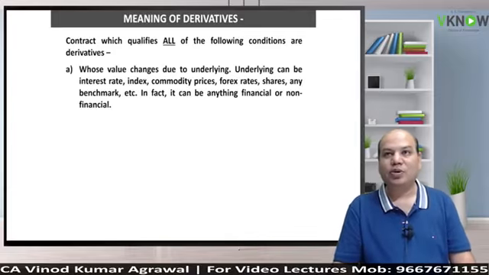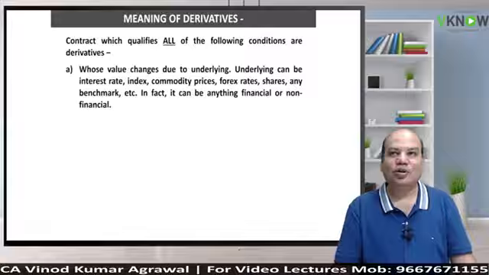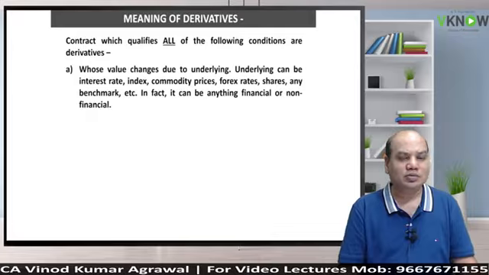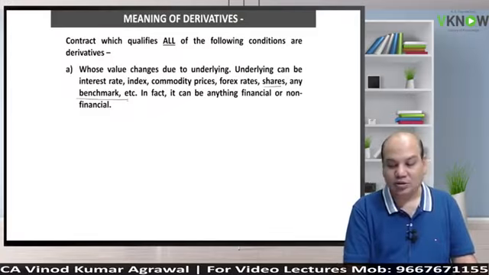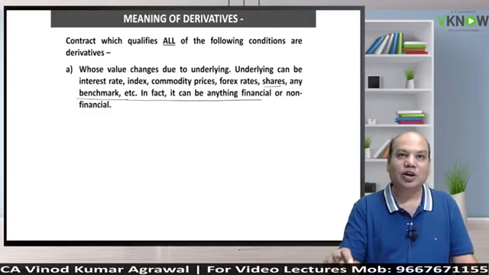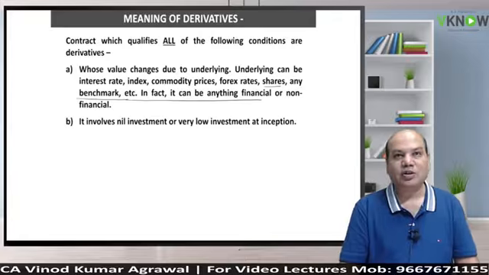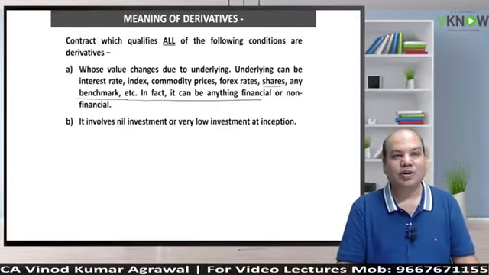Then forex is also a very popular underlying. Call options and put options on the euro and dollar are available now. Share, very popular, or any other benchmark. The underlying can be a financial or a non-financial asset. It can be non-financial, like gold is a non-financial item, but there are derivatives on gold also.